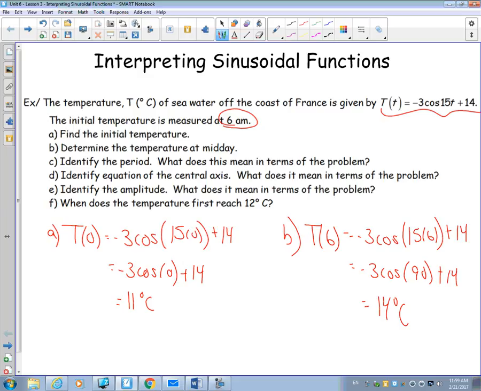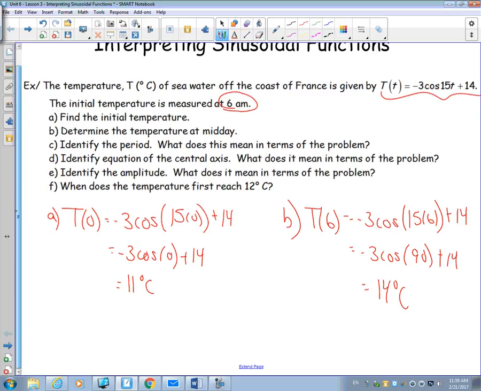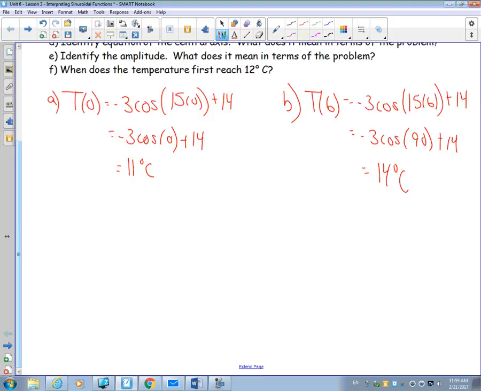Identify the period. What does this mean in terms of the problem? So we said yesterday that the period in the periodic curves comes from our k value. k is the 15. So we want to find the period. Our period is always 360 divided by k. In this case, 360 divided by 15, which comes out to 24.